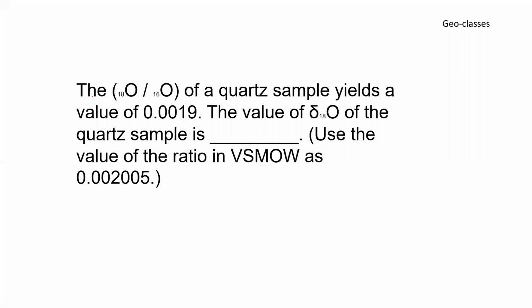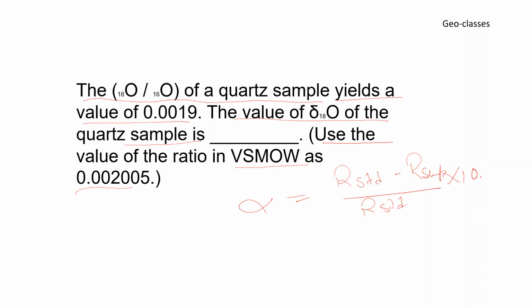Here is another question. The O18 by O16 of a quartz sample yields a value of 0.00919. The value of delta O18 of the quartz sample is what? And you have to use the value of the ratio as V-SMOW as given. For this we have a formula: alpha is equal to R standard minus R sample, divided by R standard, multiplied by 1000. So let's have a look here.